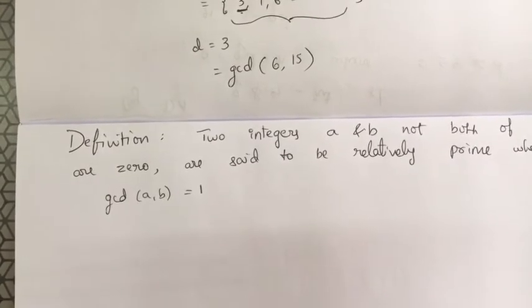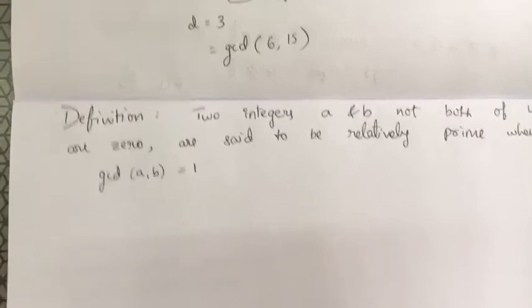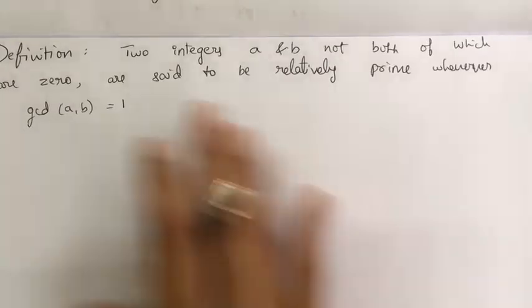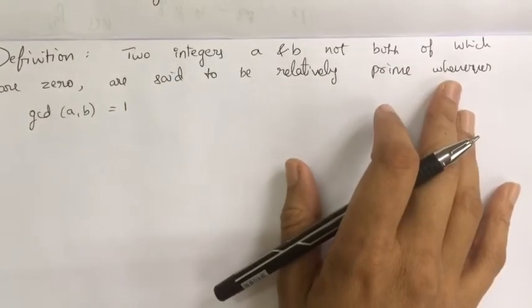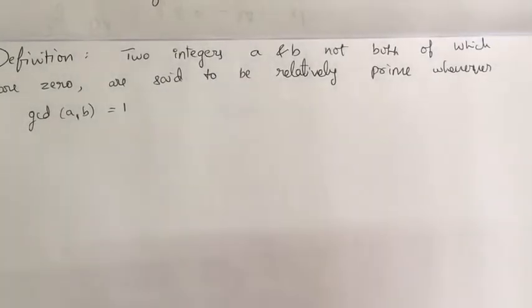That means D is equal to 1. Then we say those two integers are relatively prime. Two integers A and B, not both of which are 0, are said to be relatively prime whenever their GCD is equal to 1.